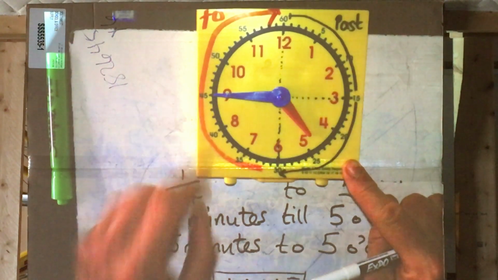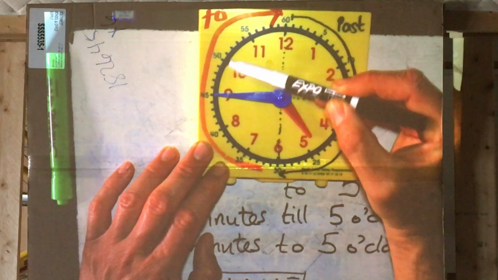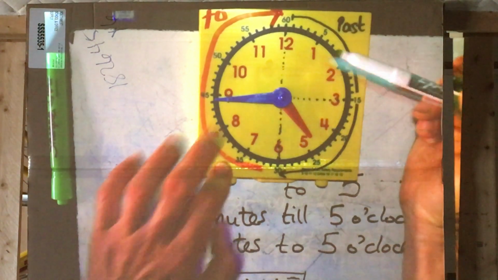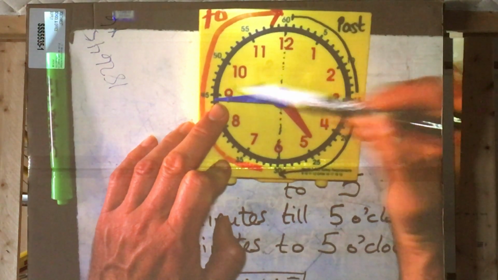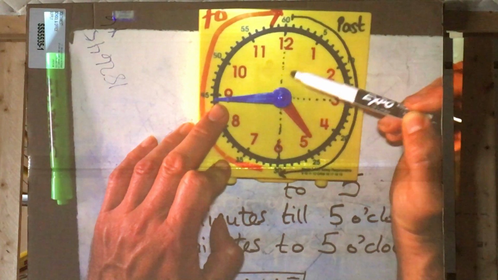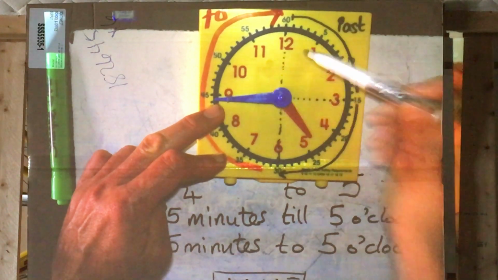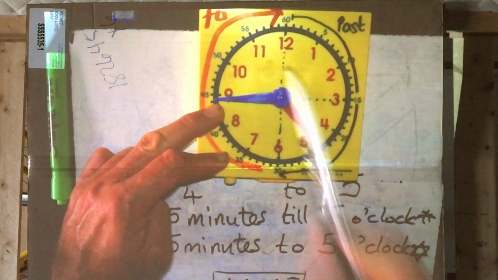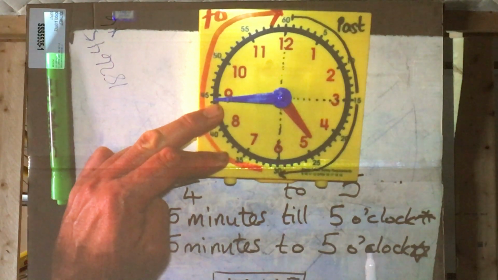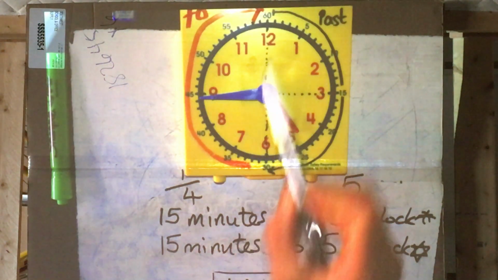Well, if it's here on a quarter, we are looking at this section here. How many minutes until that reaches there to there? Well, I know that that is a quarter, and I know that that's 15 minutes. So I can say, oh, this is 15 minutes to 5 o'clock, or 15 minutes to 5 is how most people would say it, or 15 minutes till 5 o'clock, or 15 minutes till 5. And the final one would be a quarter to 5.